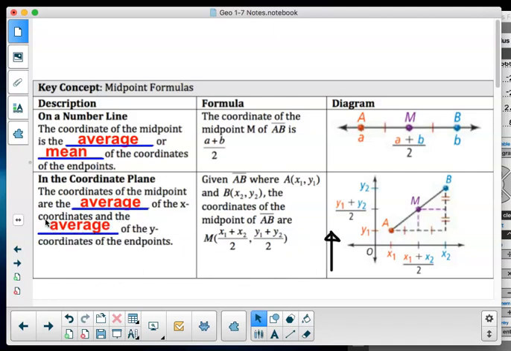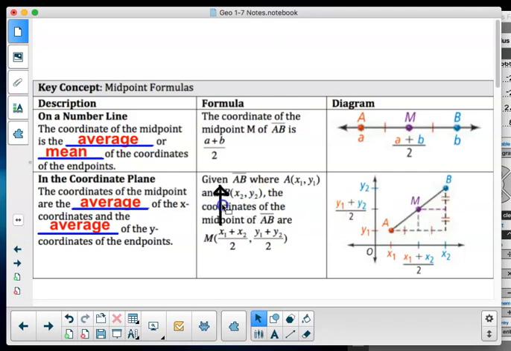Well, we've got my endpoints here of this segment, and we find the average of our x1 and x2, and we find the midpoint of our segment that has the coordinates x sub 1, y sub 1, and x sub 2, y sub 2.